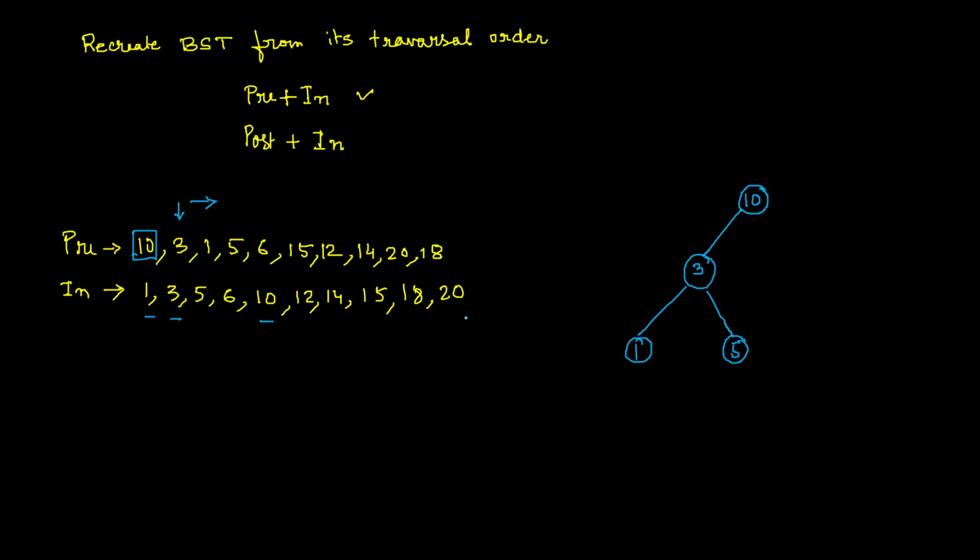Now you see we have got 6, and we can see that 6 is less than 10, greater than 3, I mean in the right of 3, and right of 3 contains 5, so it's again right of 5, so that means 6 will be somewhere here.